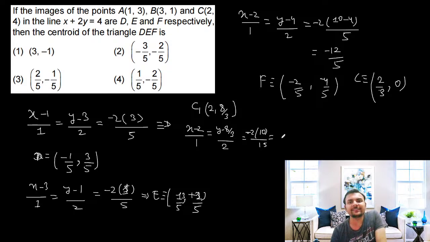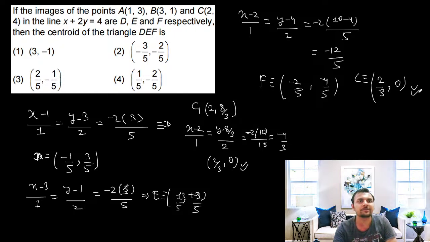So it's nothing but 4 by 3. So x will come out to be 2 by 3, 0. Okay. So I think our answer is correct. Option is wrong.